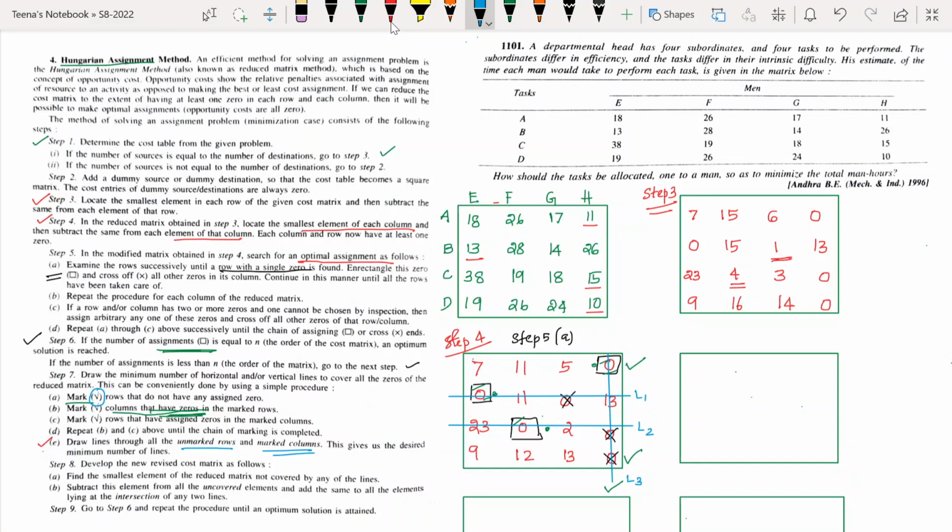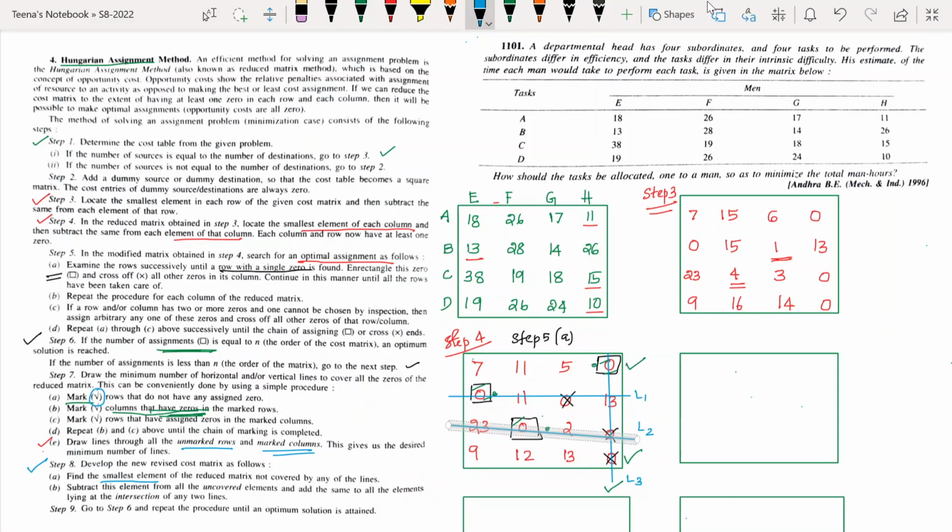Now we are going to revise this matrix. Let us see how that can be done, as explained in step 8. Find the smallest element of the reduced matrix not covered by any of the lines. I'm sorry, this line is not straight.